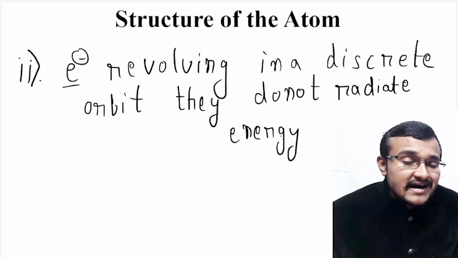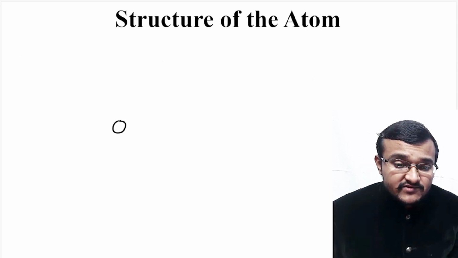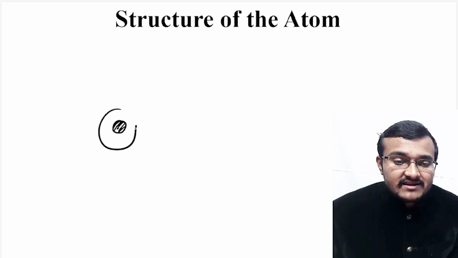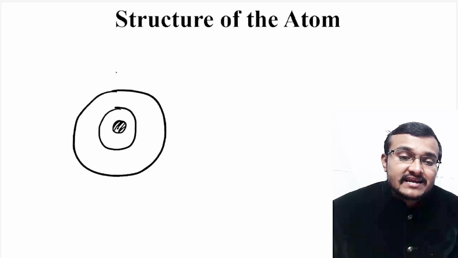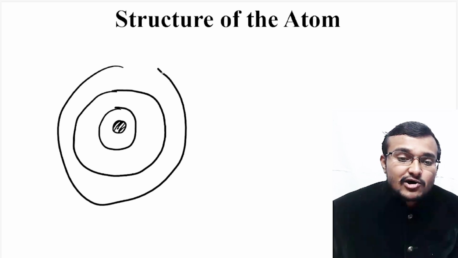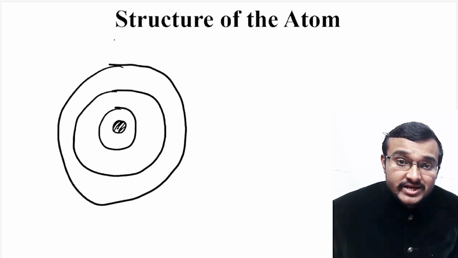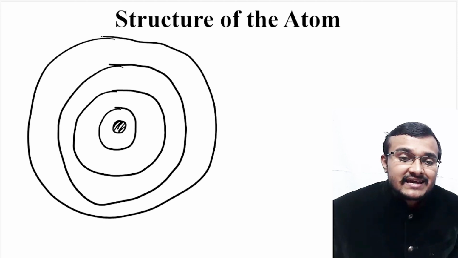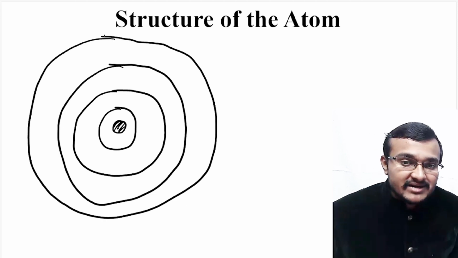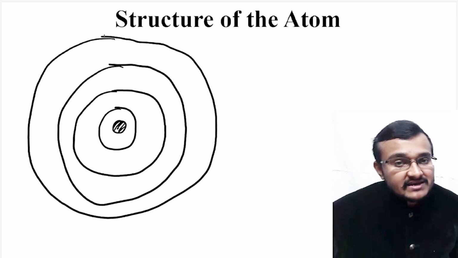So inside an atom, if you consider this as a nucleus, then the first energy level is known as K, the second energy level is known as L, the third energy level or third discrete orbit is known as M, and the fourth discrete orbit is known as N, and for higher atomic number elements more orbits will be there.